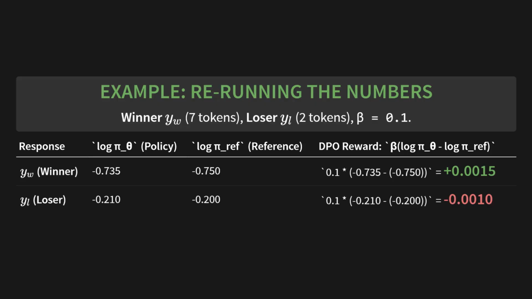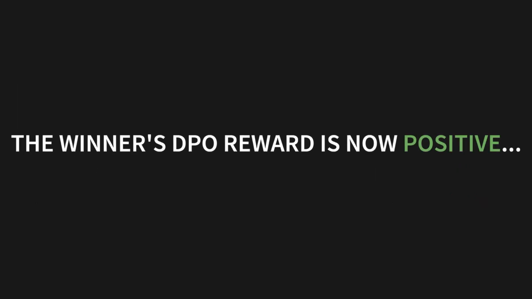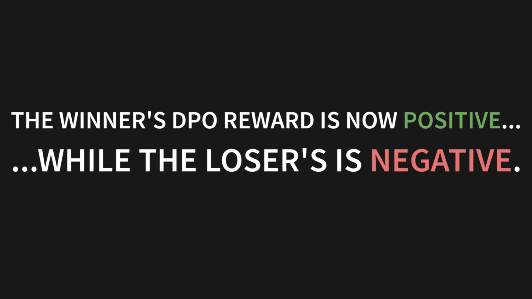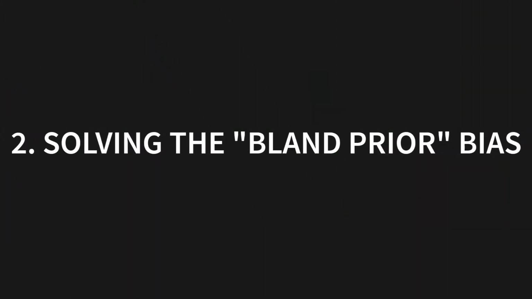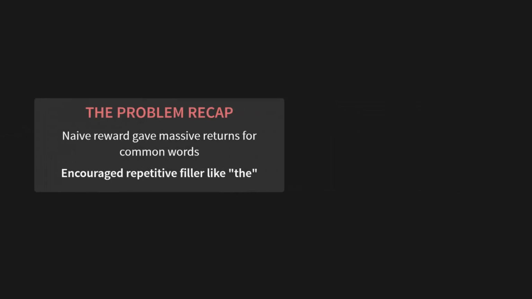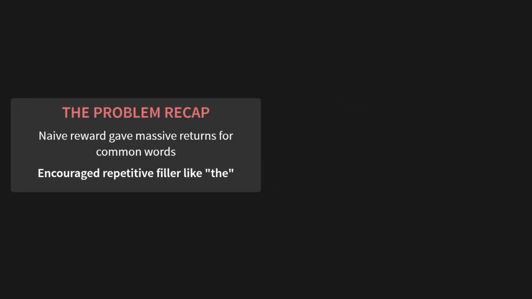Look at that. The winner's DPO reward is now positive, while the loser's is negative. The reward now correctly signals which response is better, regardless of length. Problem 1, solved. Next up, number 2, solving the bland prior bias. So, the problem recap.